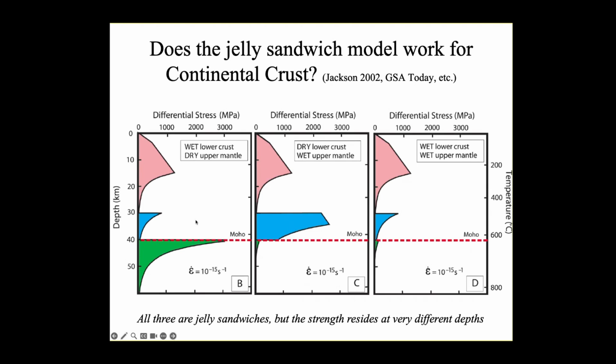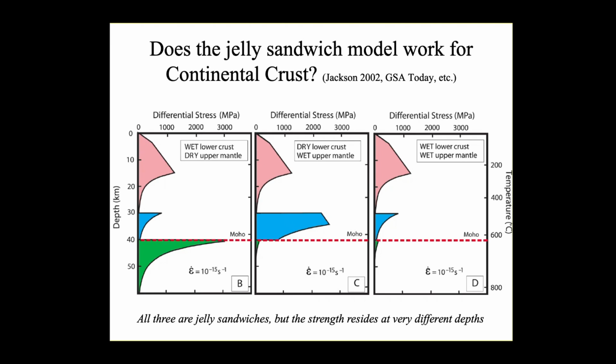So now Jackson looked at this and said, well, this jelly sandwich model sounds good, but if you look at this, it's complicated. Here we've got the same temperature profile.